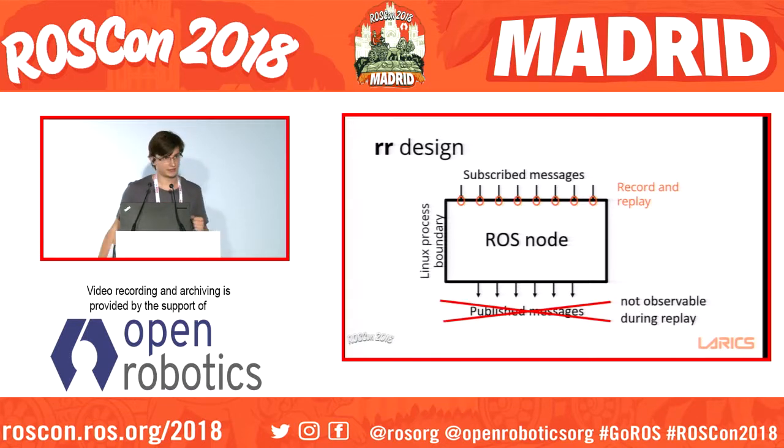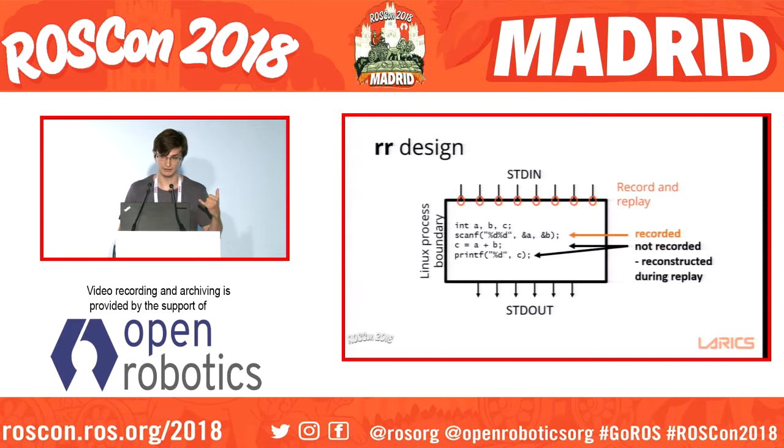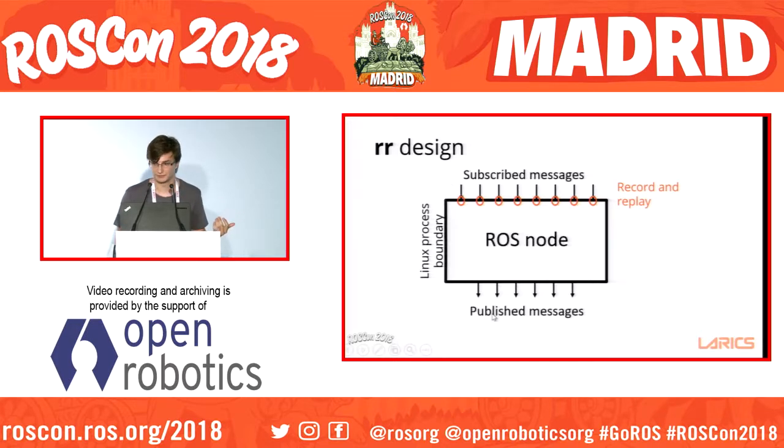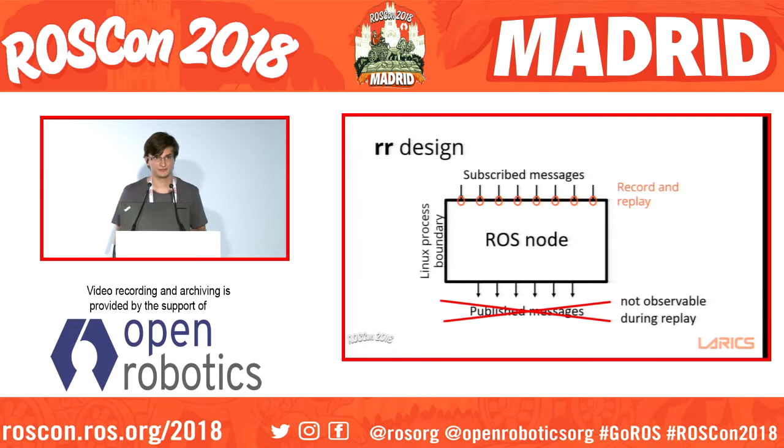So the issue I ran into was that the only side effect that Mozilla RR reproduces is standard output. In the previous example, the side effect of this application is printing this to the standard output. This means that we do not get messages which were published in the original execution when we are doing the replay.